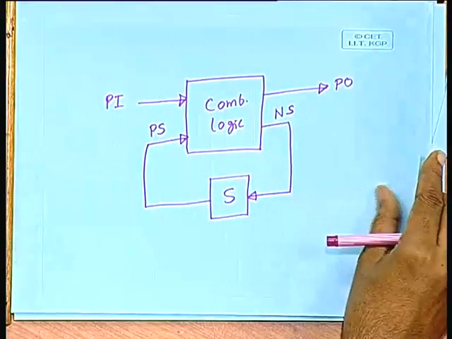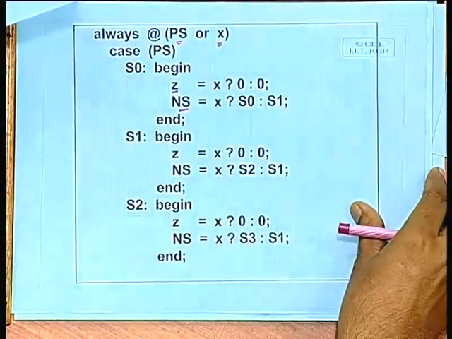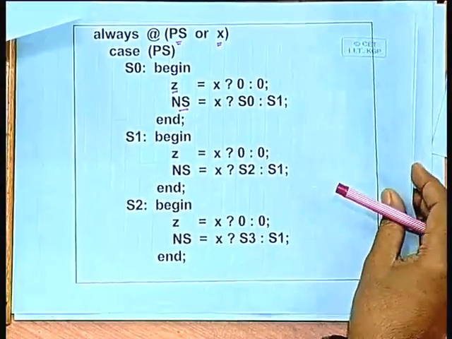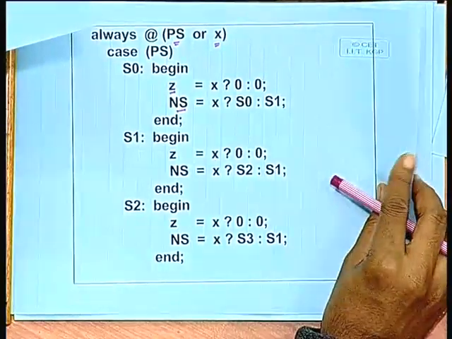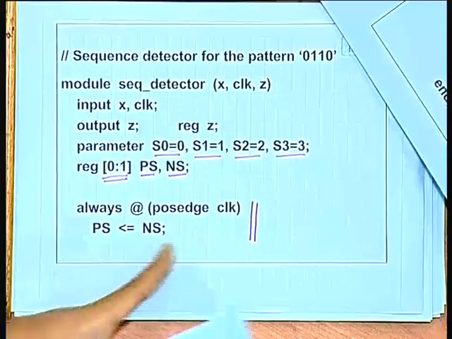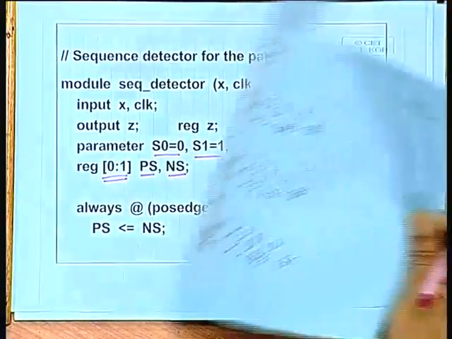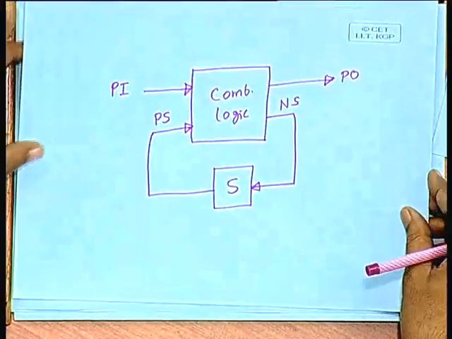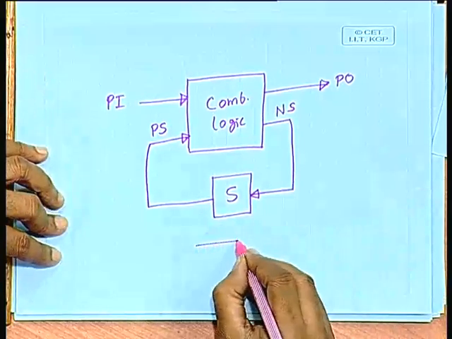Now, if you look at the code, in the first always block, we are simply assigning next state to present state whenever there is a clock. So, what it means with respect to this diagram is that clock is only coming here.